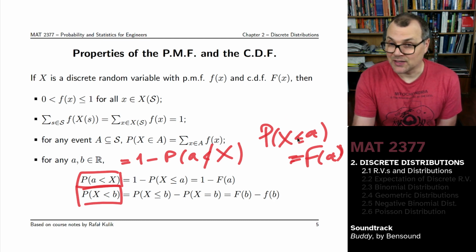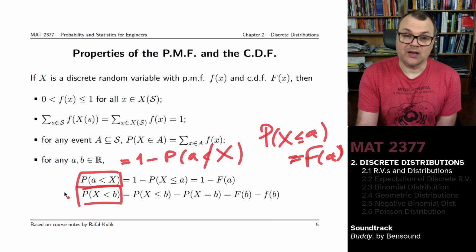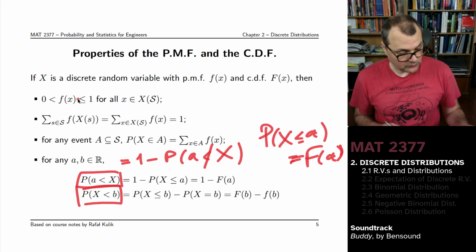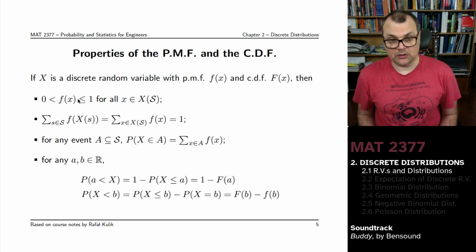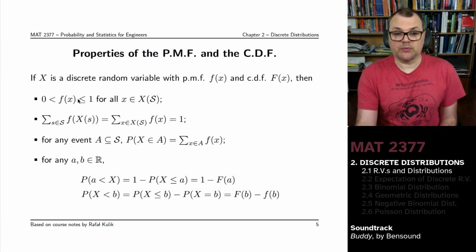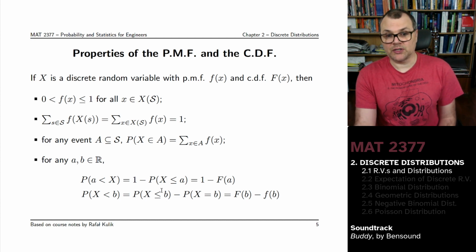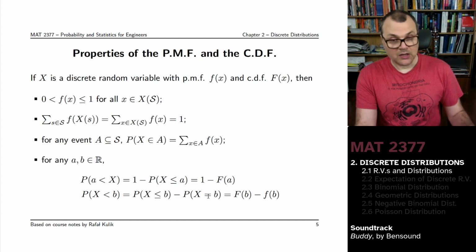That's not the same thing as smaller than or equal. Well, if you're working with discrete distributions, that would be the probability that your random variable is smaller than or equal to b, the same upper bound, minus the probability that it is equal to b. In other terms, big F of b minus little f of b.